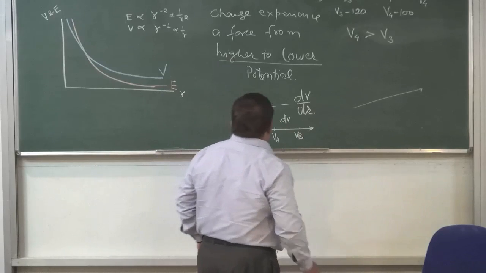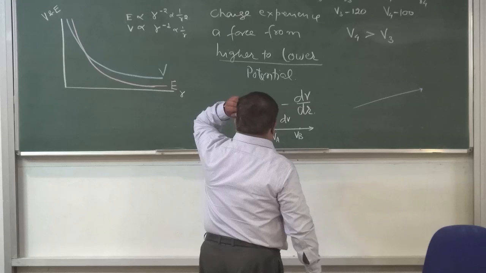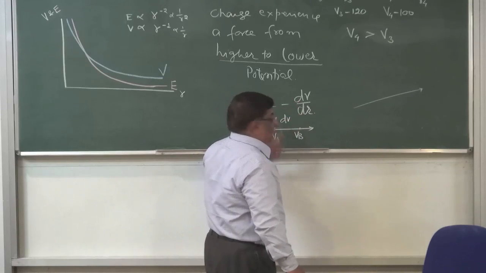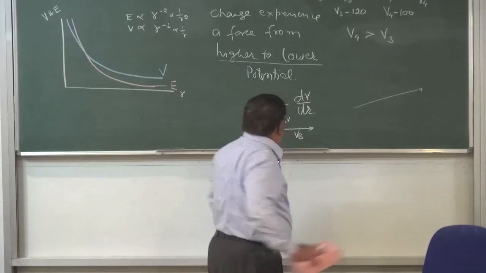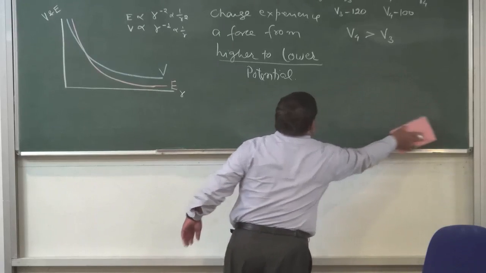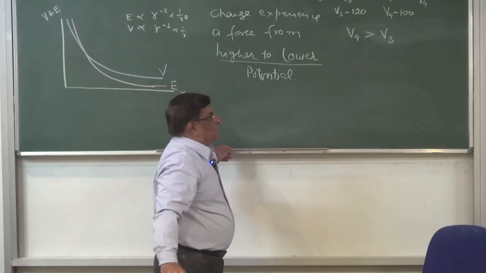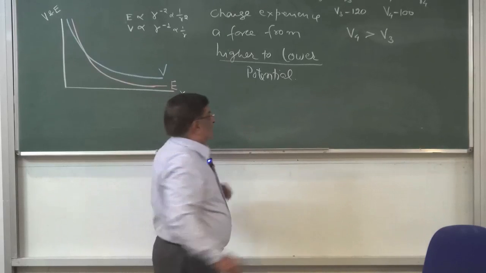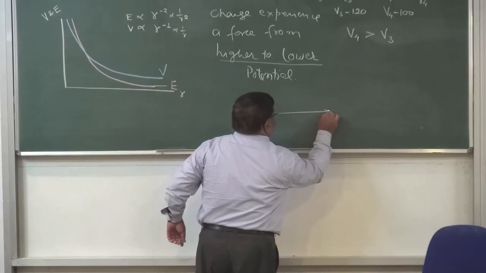No, we will have to explain it on the basis of dV, dr; they are opposite to each other. In which direction does the potential increase? Yes, we were right.